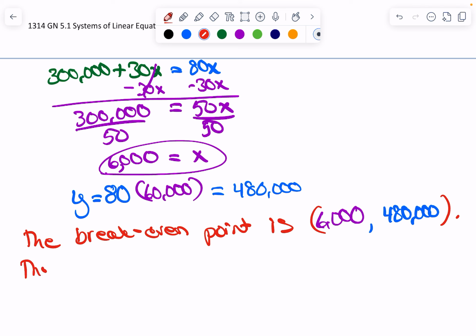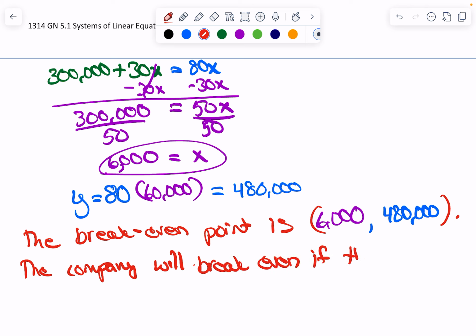The company will break even if they sell 6,000 pairs of shoes.